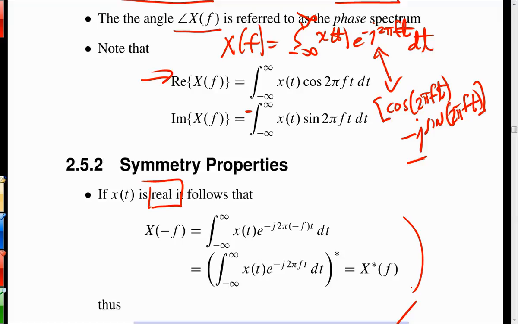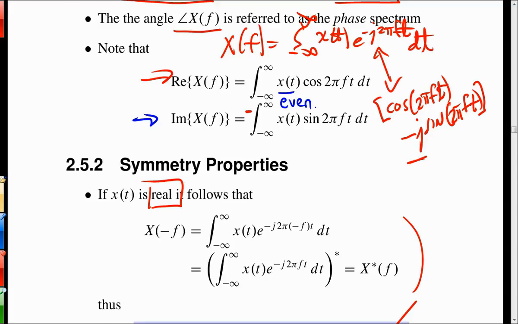So if x of t happens to be an even function, what goes on in these two integrals? If x of t is even, in this upper integral, when you integrate an even function times an even function, you have an even function, and you integrate it over symmetric limits, and you get a number, right?